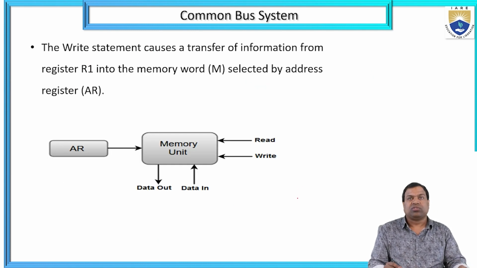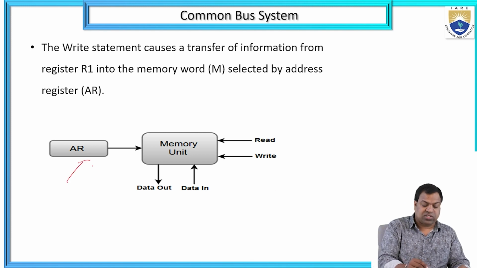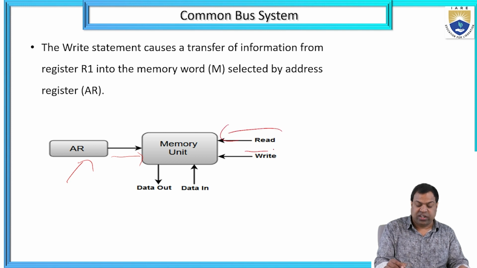The write statement causes a transfer of information from register R1 into the memory word M, selected by the address lines AR. So the address line defines that it is going to the memory unit, and it defines what is the read and what is the write operation. Here there is data out and data in.